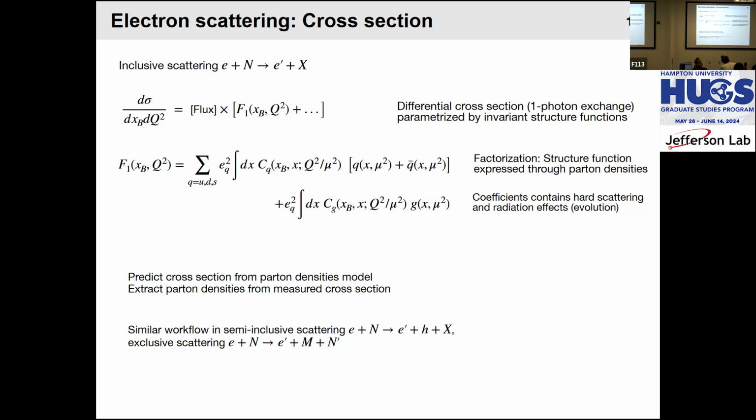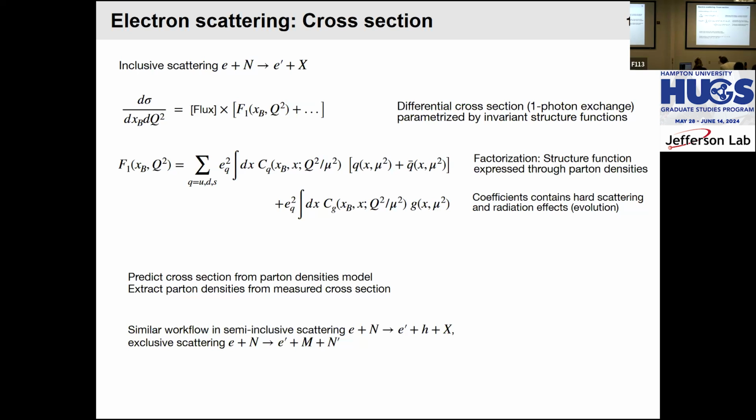They are functions of the kinematic variables x Bjorken and Q square, and these are completely model-independent quantities. They just parameterize the cross section. They are as good as the cross section, so to speak.